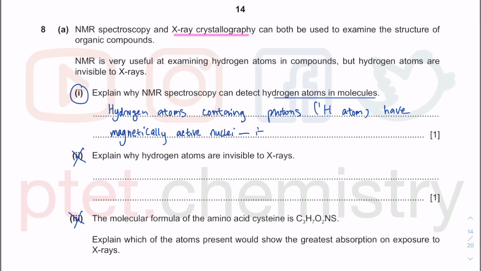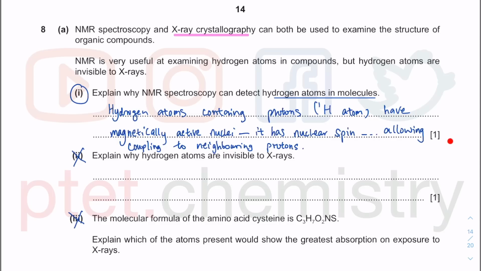It is this nuclear spin that allows it to couple to neighboring protons. And when you couple to neighboring protons, you're going to see splitting patterns that would enable you to map out the structure depending on what splitting you see there. So I don't think this is quite relevant for the new syllabus.